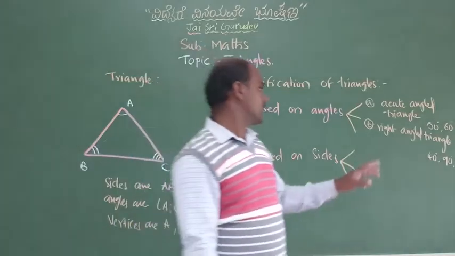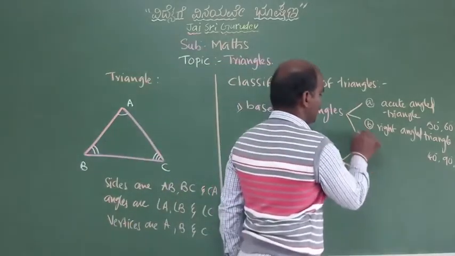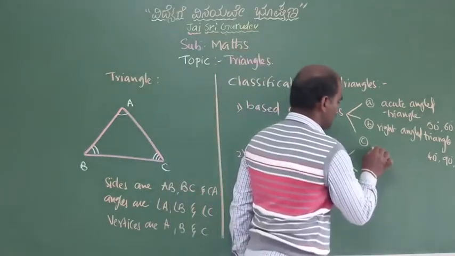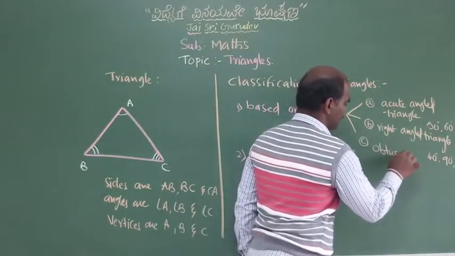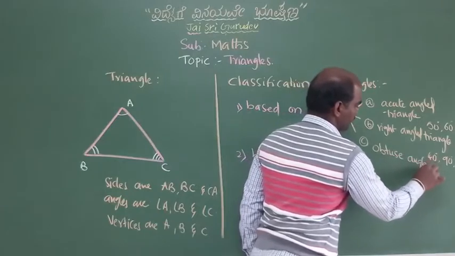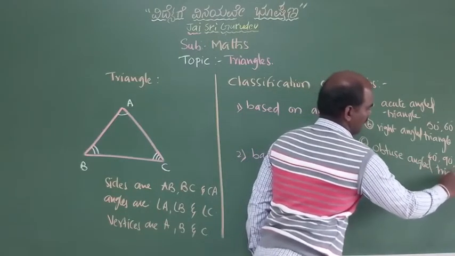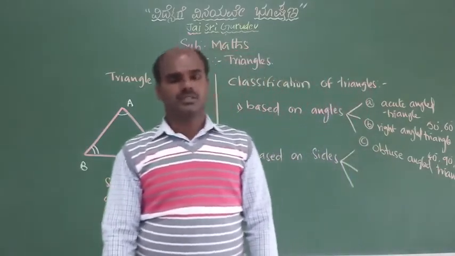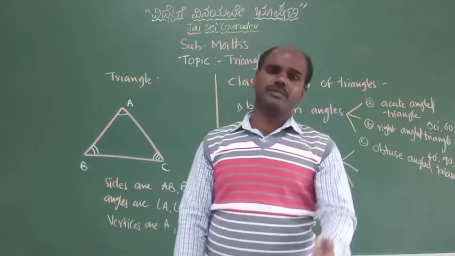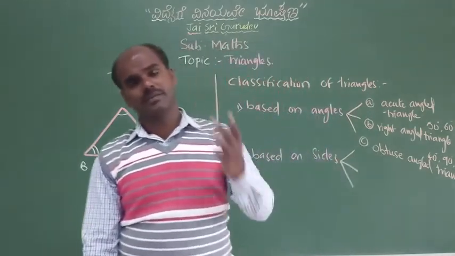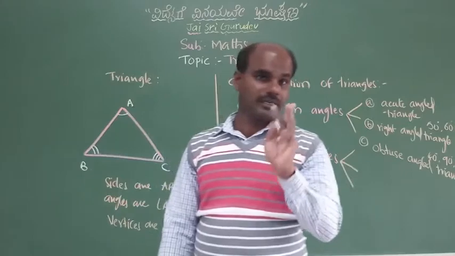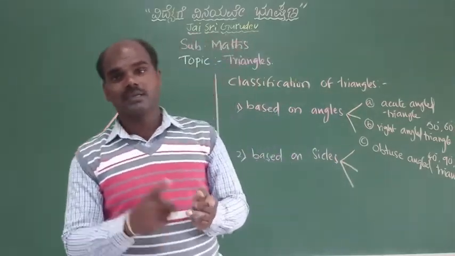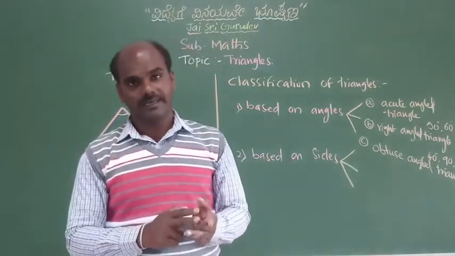Then the third one is the obtuse angled triangle. What is an obtuse angled triangle? It is nothing but a triangle in which, out of the three angles, one angle must be more than 90 and less than 180 degrees.